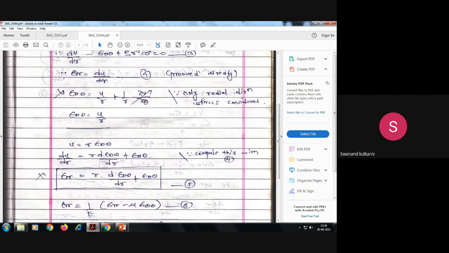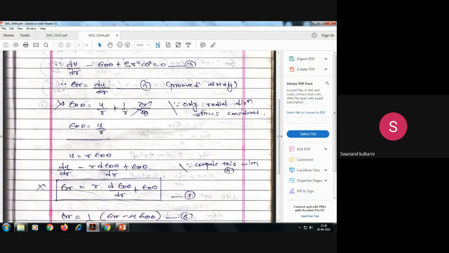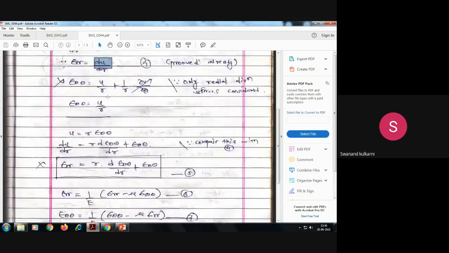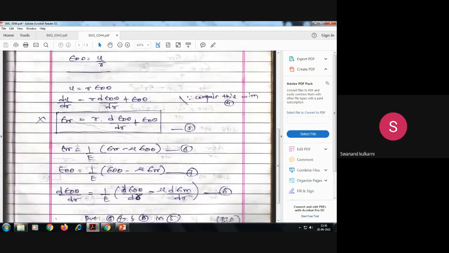The terms which are associated with epsilon theta theta and epsilon rr, if we compare here, then epsilon rr is the differentiation of this u with respect to r here.